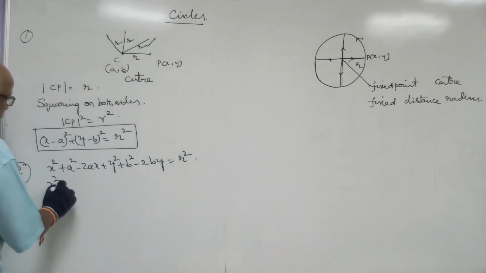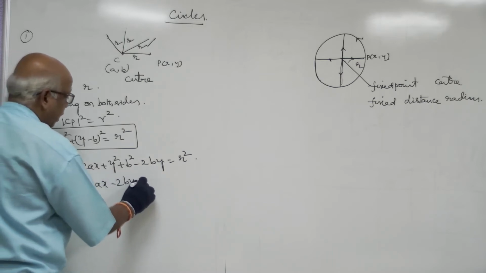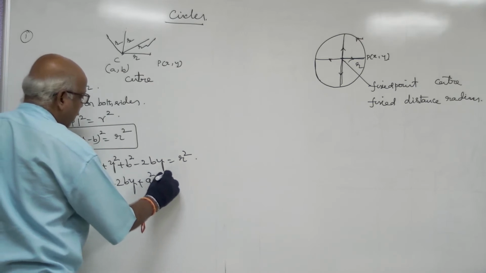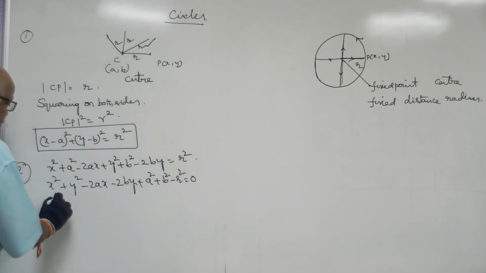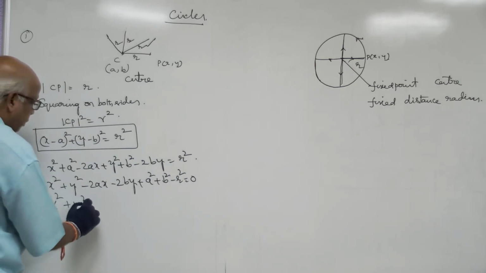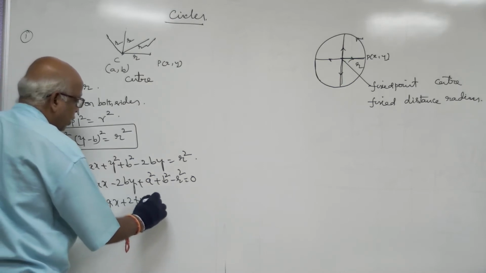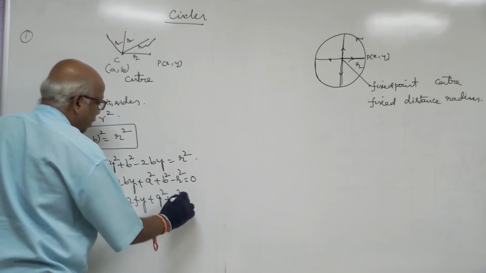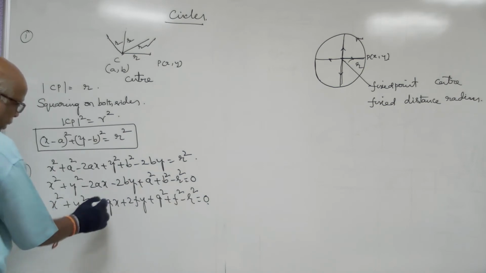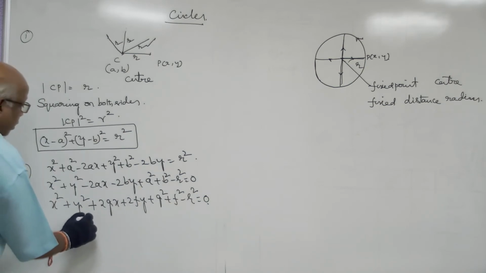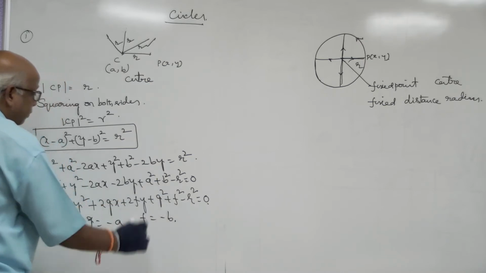So x square plus y square minus 2ax minus 2by plus a square plus b square minus r square equals 0. That is, x square plus y square plus 2gx plus 2fy plus g square plus f square minus r square equals 0. Why are you using g and f? It's a standard notation here. g equals minus a, f equals minus b.